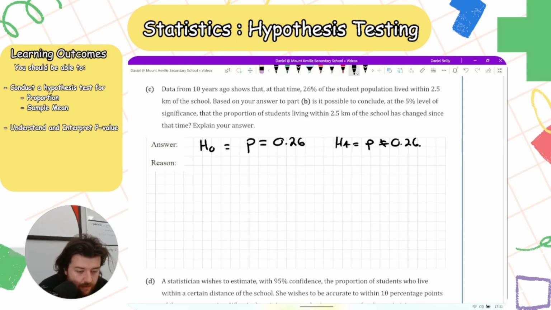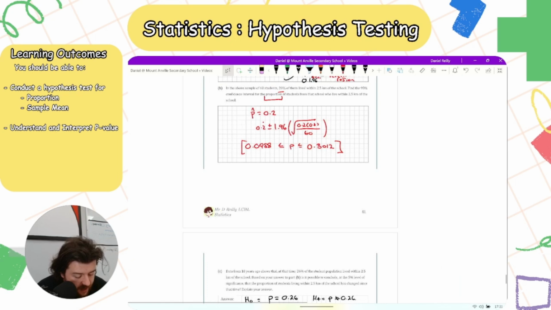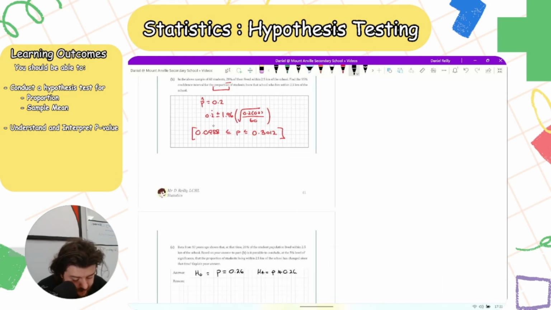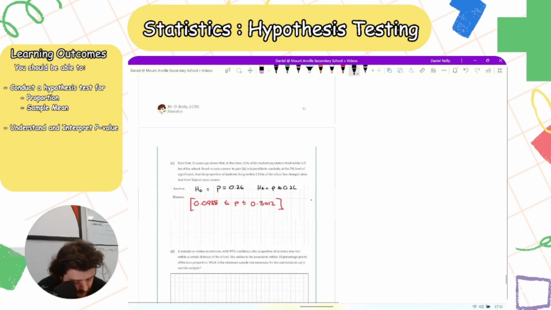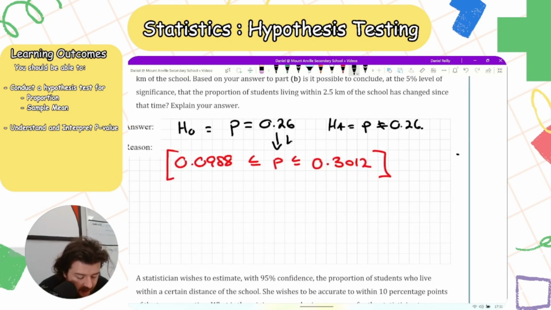So what do we do here? Well, we know from the 95% confidence interval up here, 0.26 lies within it.